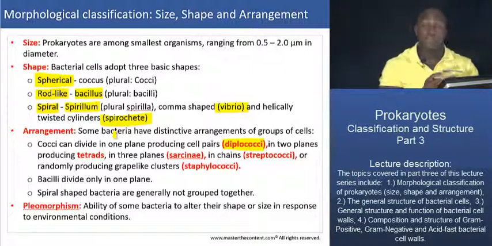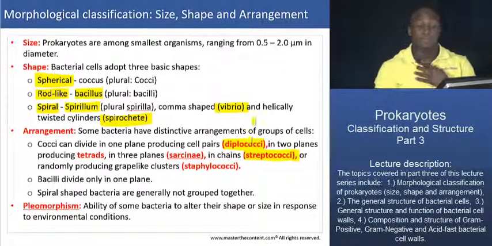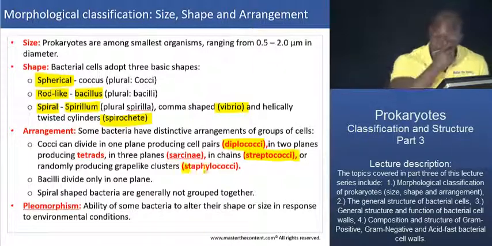If it divides to form chains of cells attached to one another, then we would call that a streptococci. That's a term some of you might have heard before. Or if the division of that spherical bacterium is random, producing grape-like clusters, then we'll refer to it as a staphylococci.